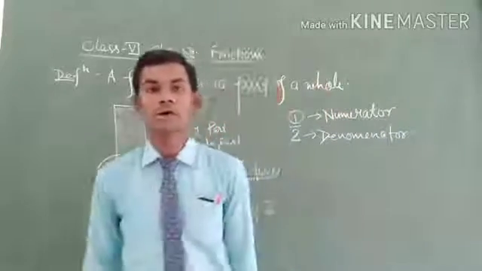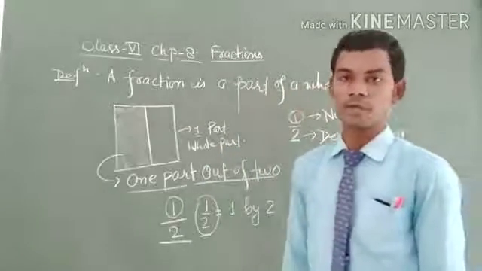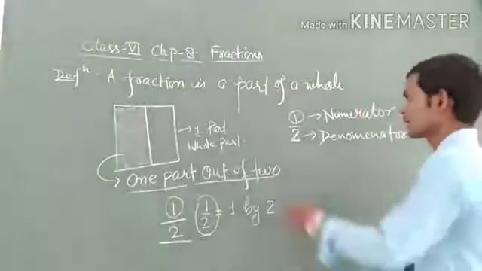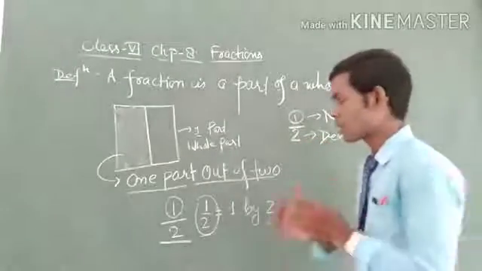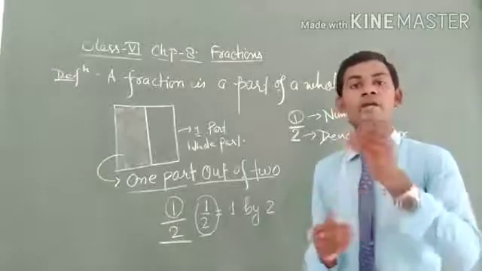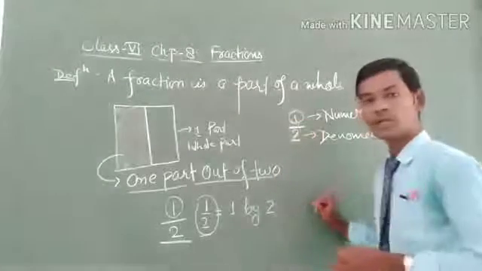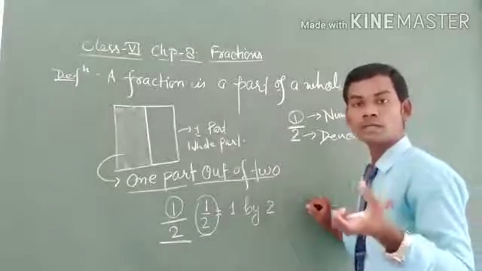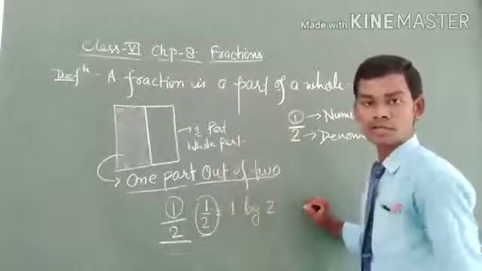One part is called the numerator and the other part is known as the denominator. The horizontal line represents that the whole has been divided. This horizontal line represents that the whole is divided into a number of equal parts.